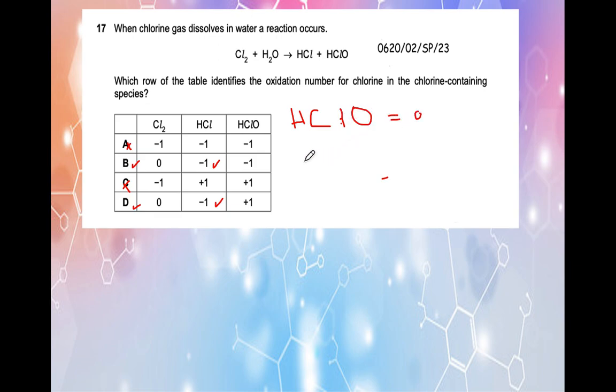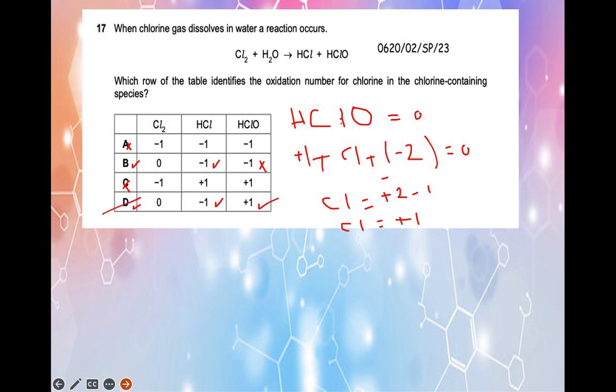So +1 for the hydrogen, plus chlorine, which I don't know, plus oxygen, which we know from the periodic table is in group 6, that means the oxidation number is -2. So chlorine equals +1 to balance -2 and +1. So the chlorine here is +1. So B is the wrong answer and D is the correct answer. So the answer is D.